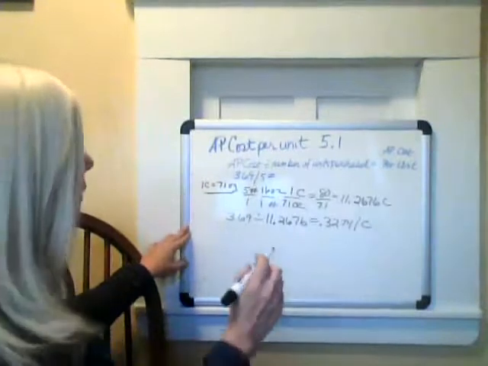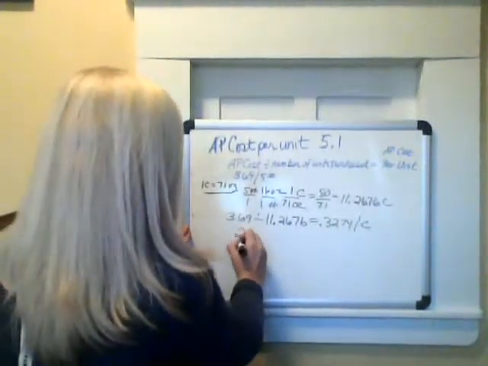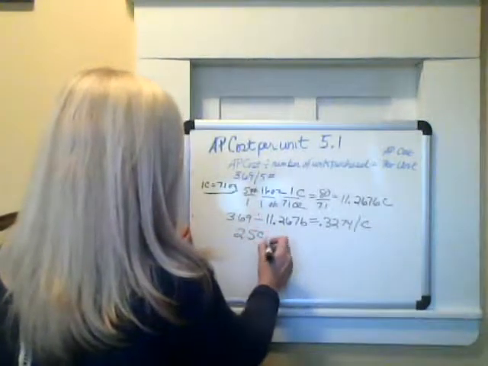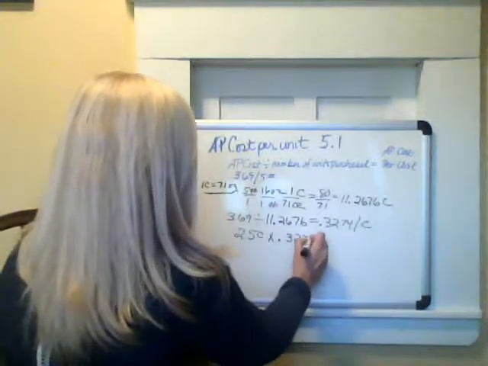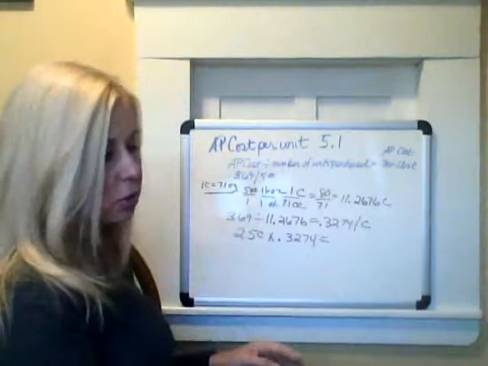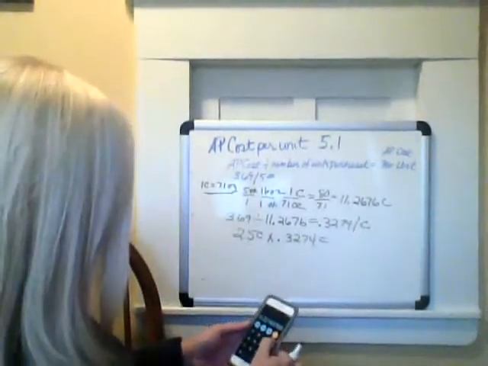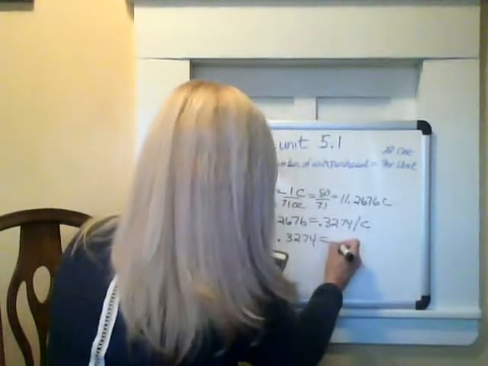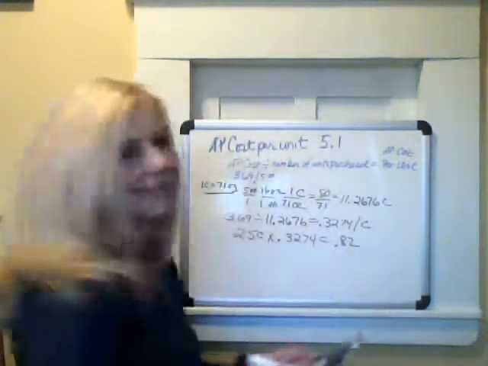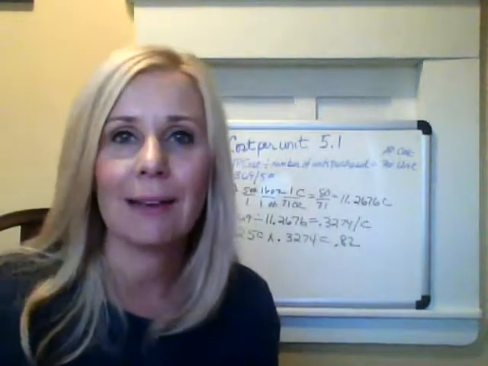Okay, now we said that our recipe calls for 2.5 cups, so 2.5 cups then times this tells you how much you're spending on flour in this recipe. So you're spending about 82 cents on the flour in that recipe.